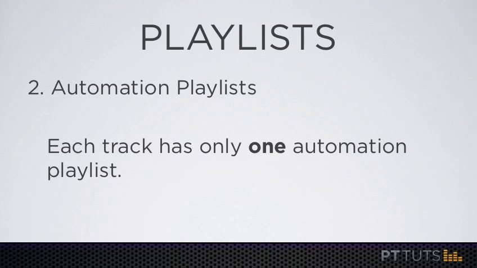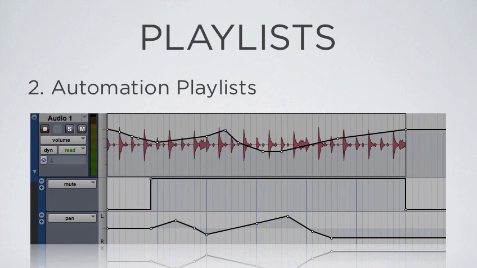However, when it comes to automation playlists, each track has only one automation playlist. So with edit playlists, you can have as many as you want. With automation playlists, you only have one per track. Here's a picture of an automation playlist. And in this case, it's showing 3 lanes of automation data: volume, mute, and pan.